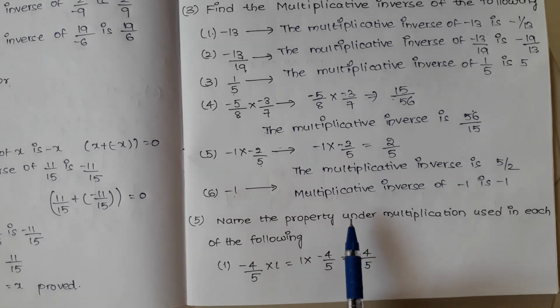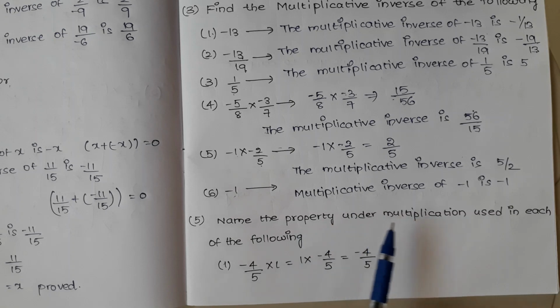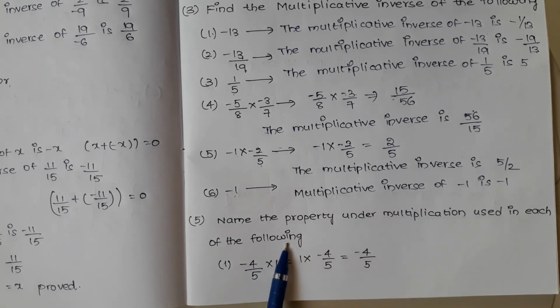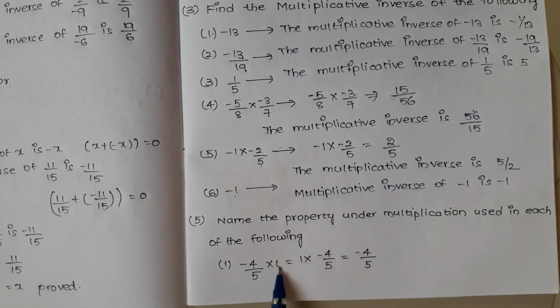Now let us see the fifth question, that is, name the property under multiplication used in each of the following. We have to find the property of the given sentence. Here the first problem given is minus 4 by 5 into 1 equals 1 into minus 4 by 5 equals minus 4 by 5.